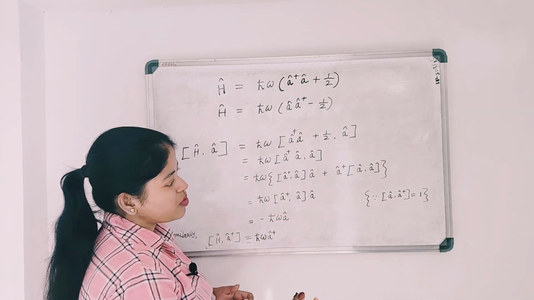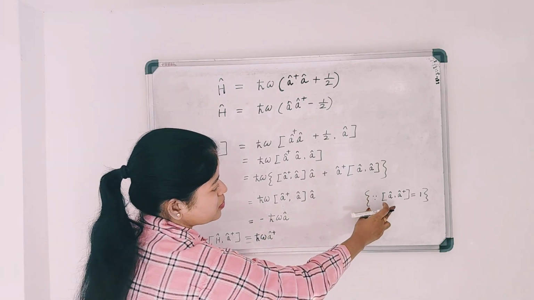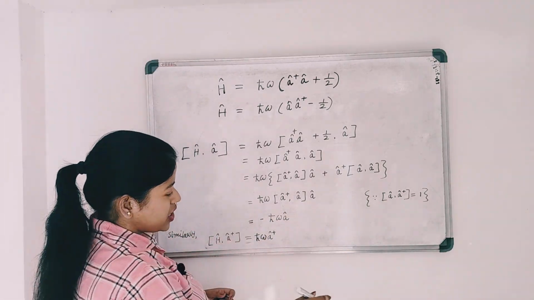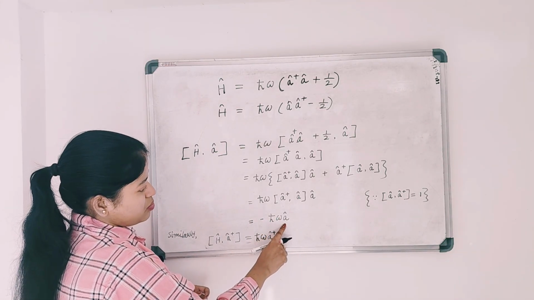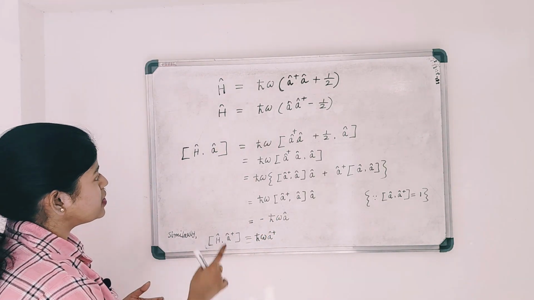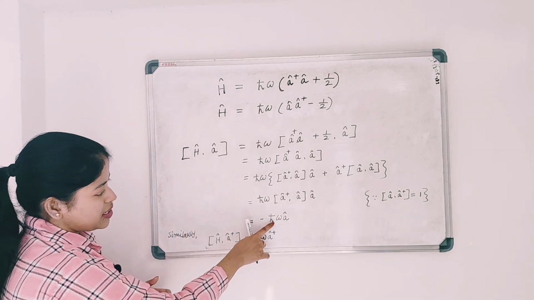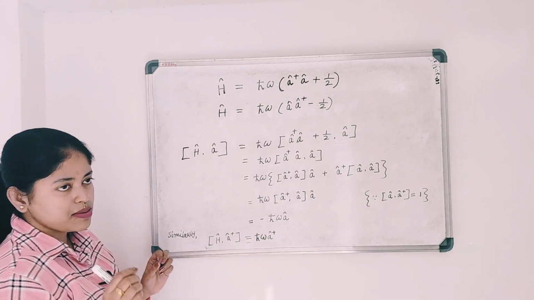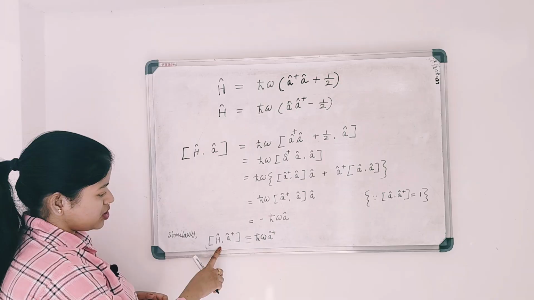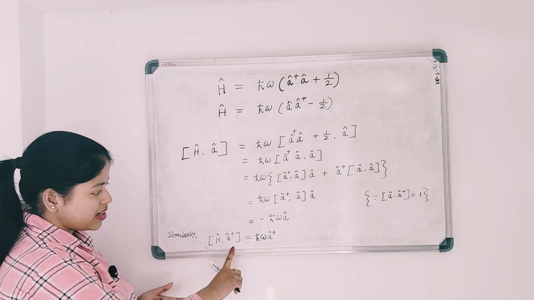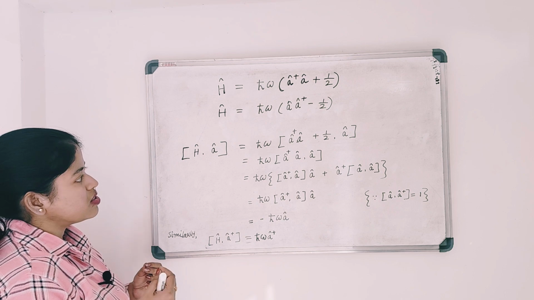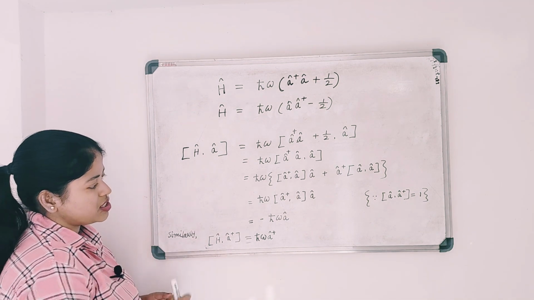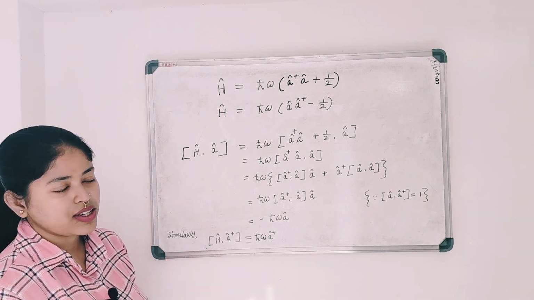Since we know from our previous calculation that the commutation relation between a and a dagger is 1, putting this value in this expression, we get minus h cut omega a cap. So the commutation relation between h cap and a cap is minus h cut omega a cap, and similarly we can calculate the commutation relation between h cap and a cap dagger, which is equal to h cut omega a cap dagger. Now we're going to use these two commutation relations in our further calculations.